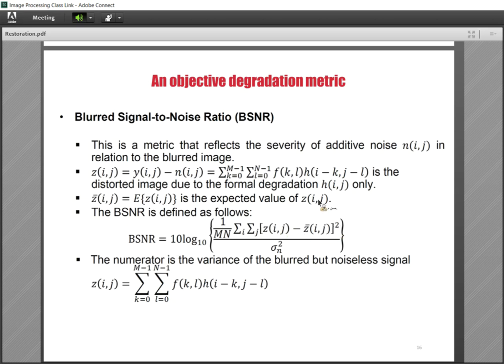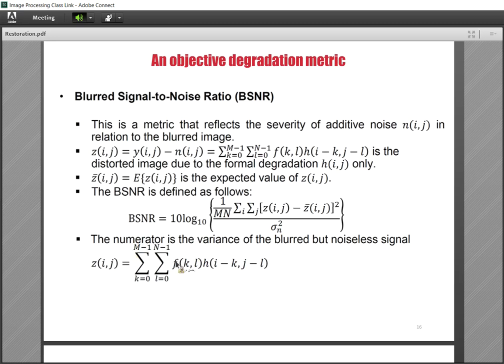This is the expected value or variance of the blurred signal, and this is the energy of the noise. The energy of the blurred signal over the energy of the noise is BSNR, blurred signal to noise ratio.